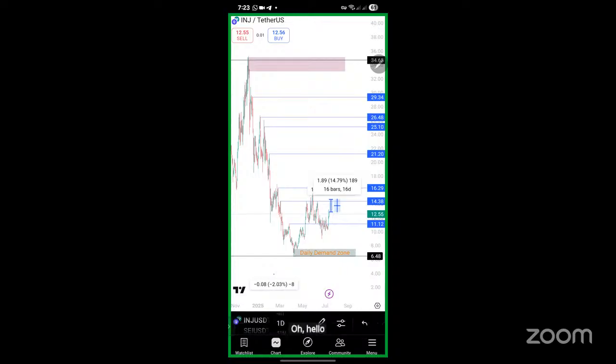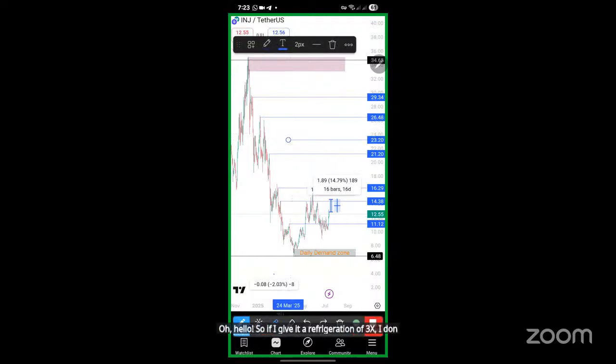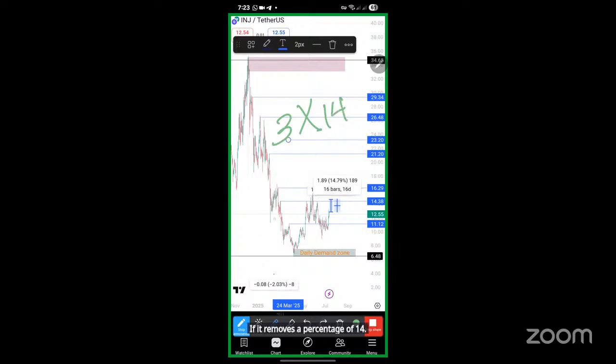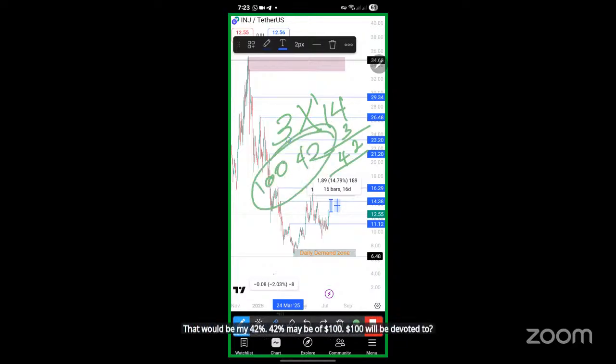I don't go beyond 3x. If it moves 14%, times 3, that would be my 42%. 42% of $100. $100 will yield 42. You understand?